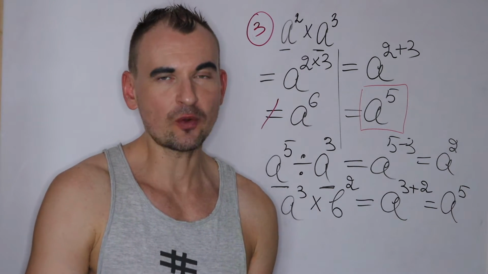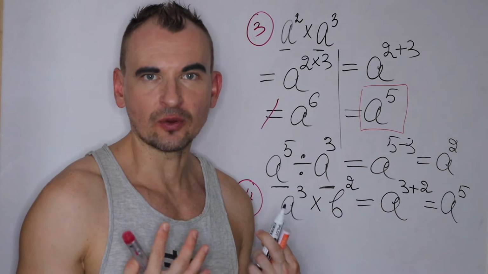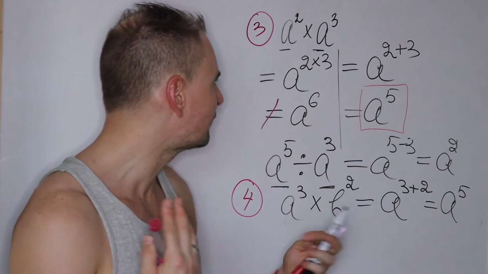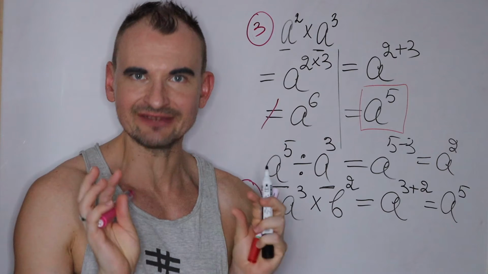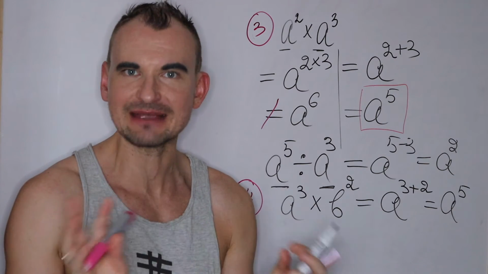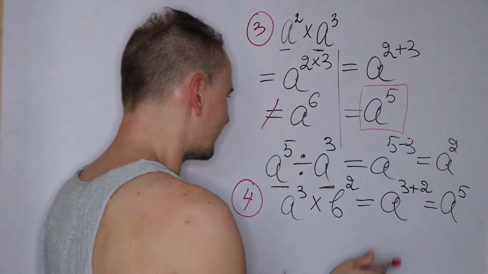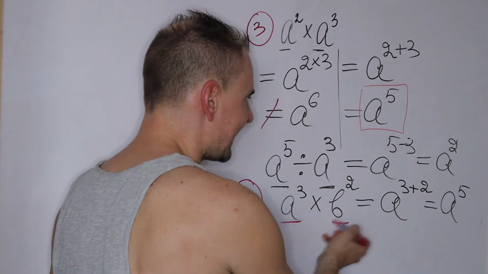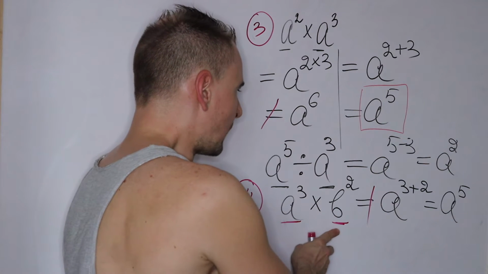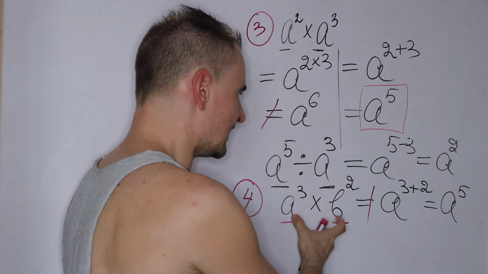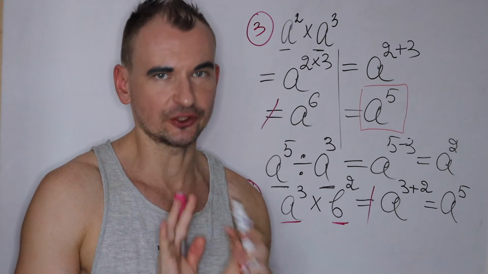To be perfectly honest with you, this rule cannot be applied here because, as I mentioned before, the product and quotient rule can be applied only if you are given the same base, the same letter, the same variable, whatever you are given. In this case, you have 2 different letters, a and b. So you cannot multiply these 2. Keep it in mind, with different bases, these rules cannot be applied.